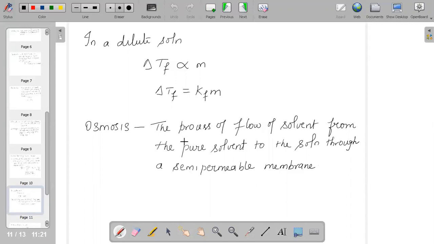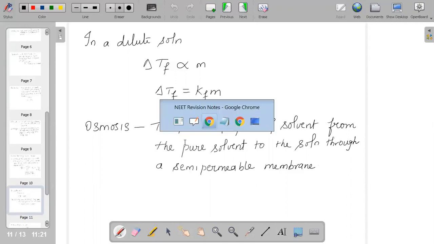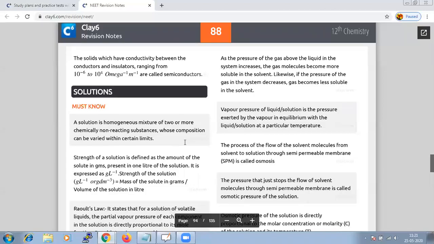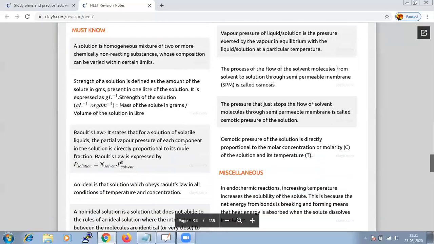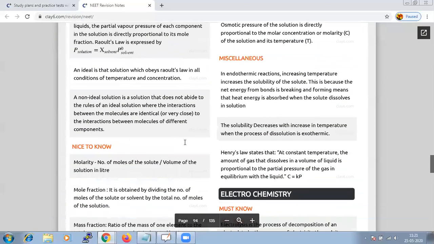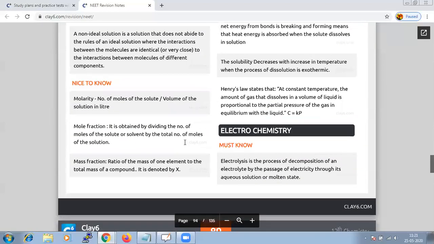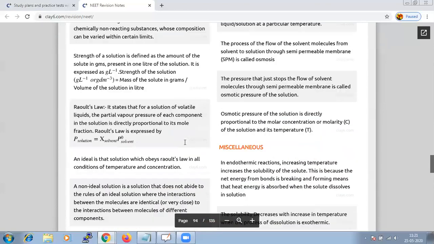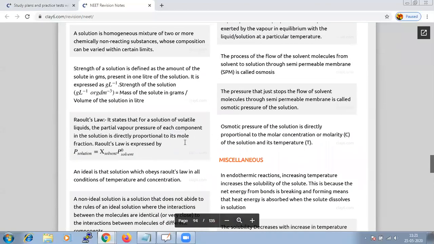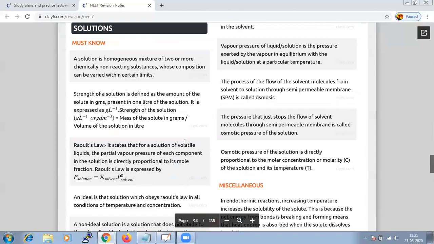The next important factor we should know is osmosis. What is osmosis? Here we discuss that the osmotic pressure of the solution is directly proportional to the molar concentration or molarity of the solution and its temperature.